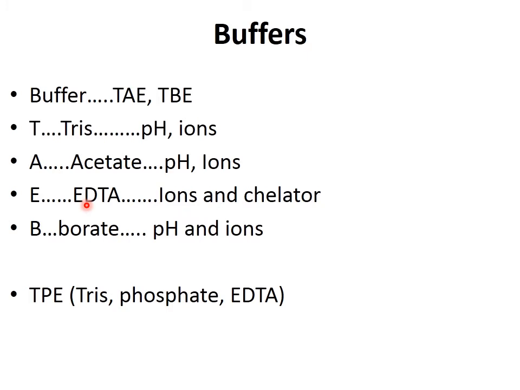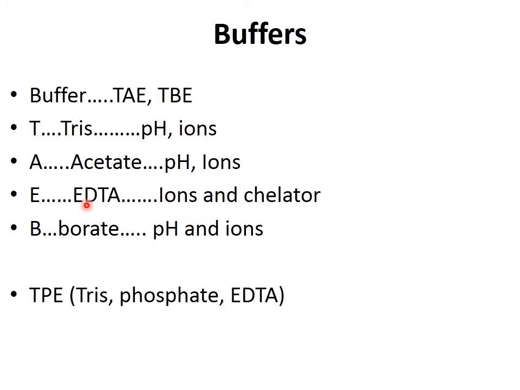So addition of EDTA, which is a chelating agent, binds to positively charged cations, resulting in sequestering and binding of the magnesium ions, so that any modifying enzymes or modifying agents present will become inactive because of the addition of EDTA. Also, EDTA contributes to the overall electrical conductivity.